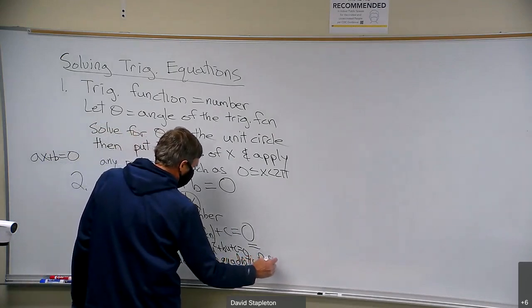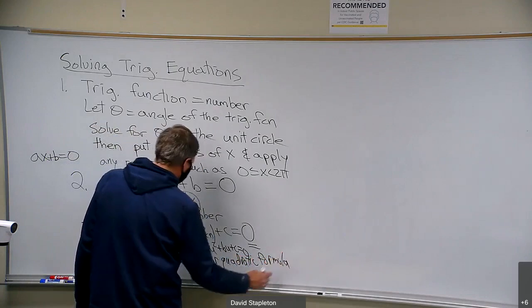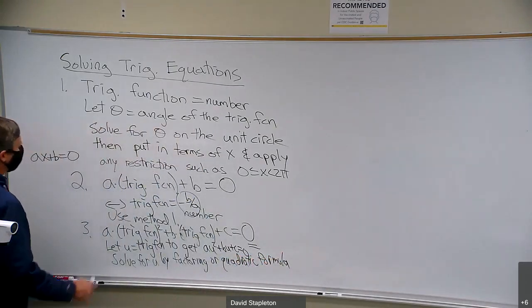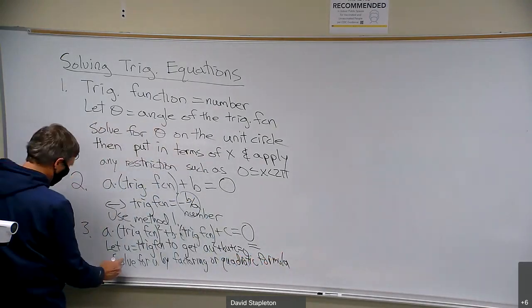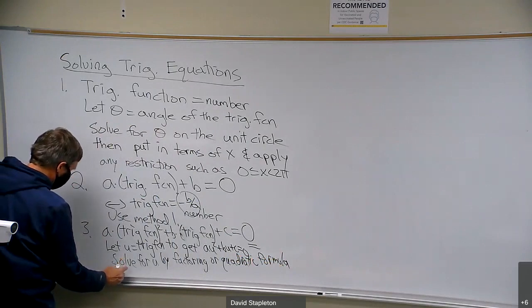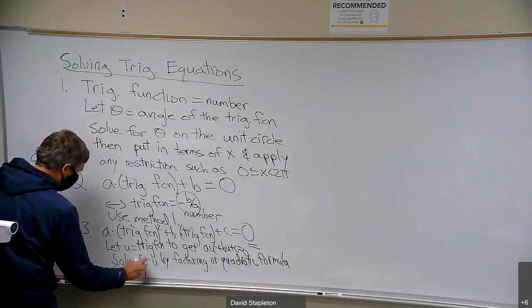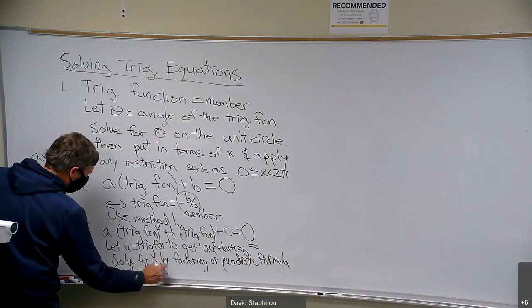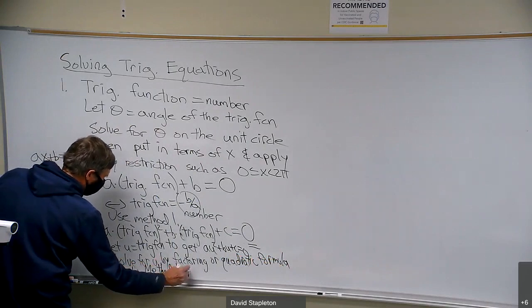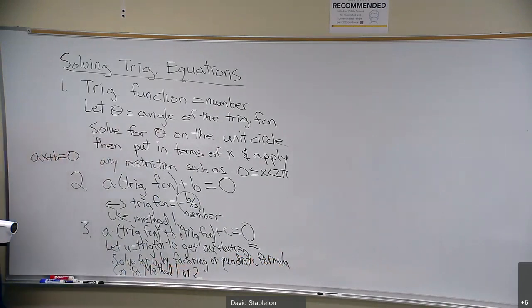Then you'll get an equation that's either linear in a trig function or trig function equals a number. So you go to, if you like, method 1 or 2. So that's what we had so far. Start with 3, then you go to 2, then you go to 1, and this thing builds.